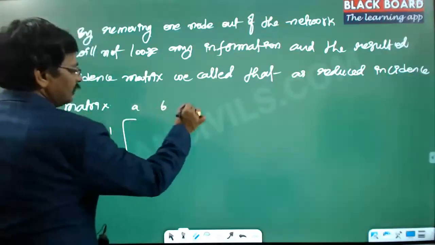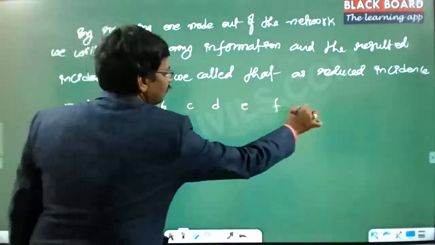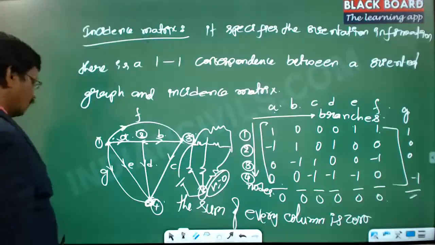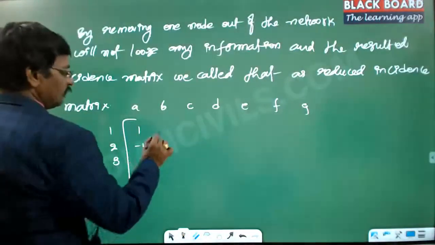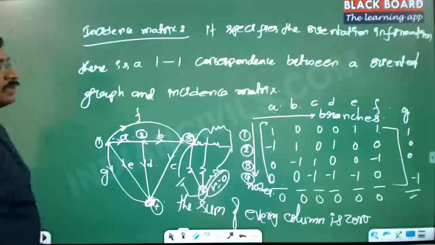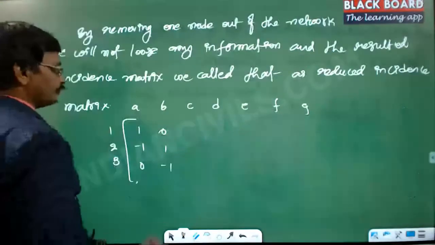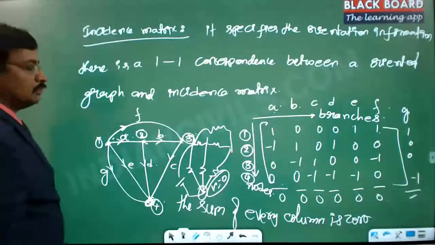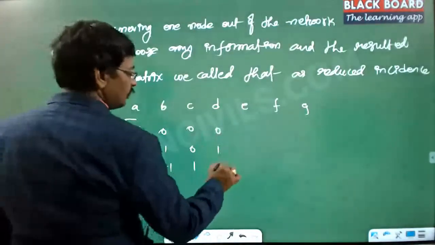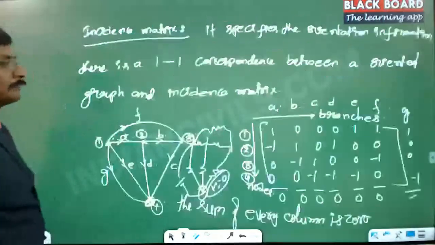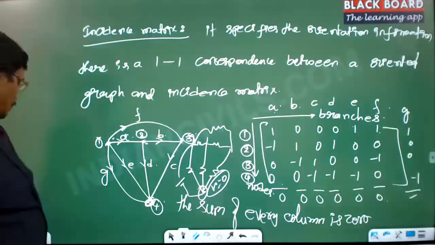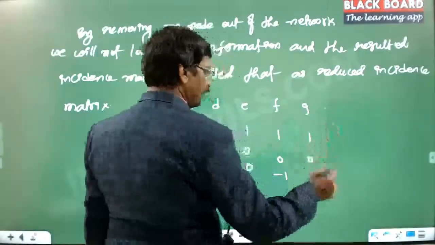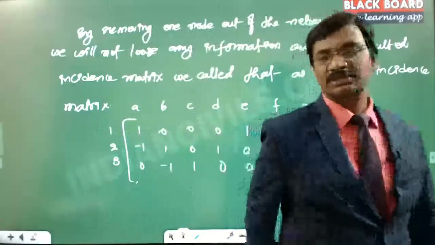And these are branches A, B, C, D, E, F, G. Now I take the matrix: 1 minus 1 0, 0 1 minus 1, minus 1 0, 0 1 minus 1, and then 0 0 1, 0 0 1, 0 1 0 1 0 0, 0 1 0 1 0 0, and 1 0 minus 1 1 0 0, 1 0 0. Now this is what we call the reduced incidence matrix.